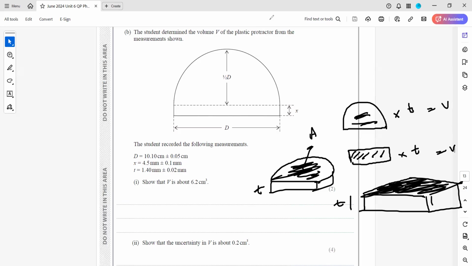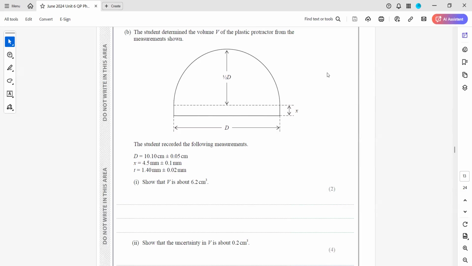The area of a circle is pi r squared. In terms of a diameter, radius is half of a diameter, so it will be pi (d by 2) whole squared. So this will become pi d squared by 4.